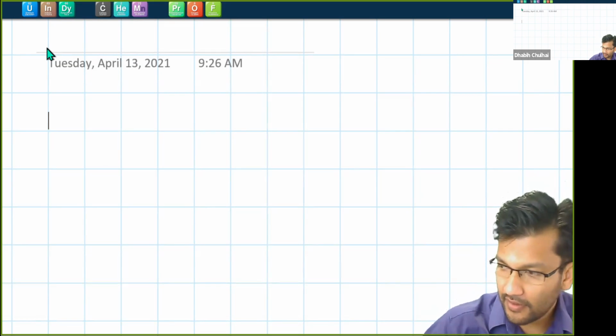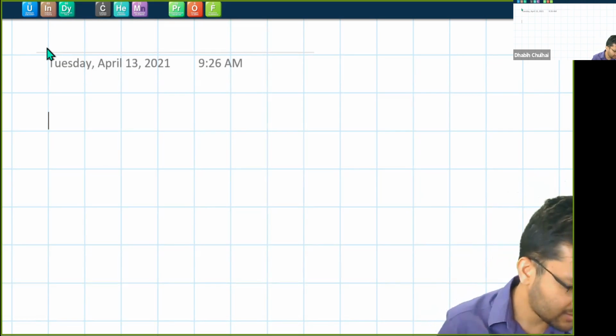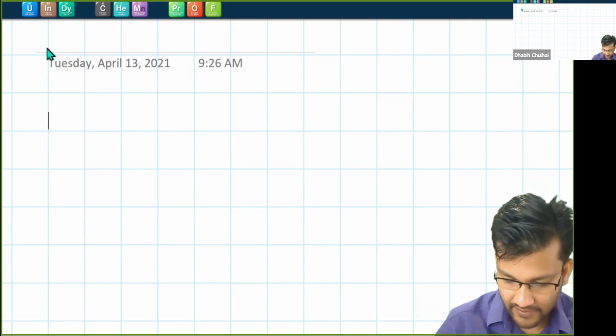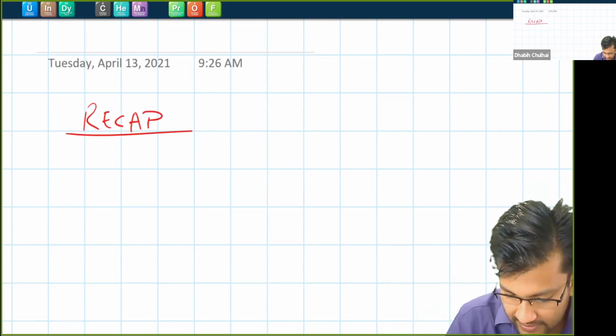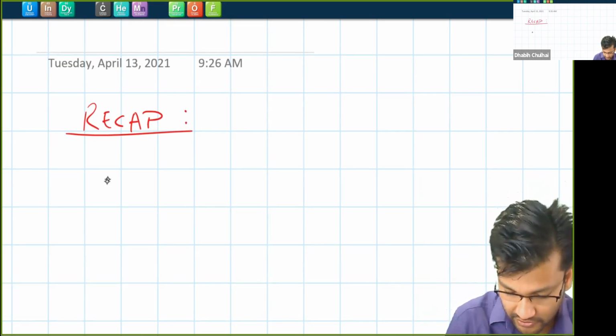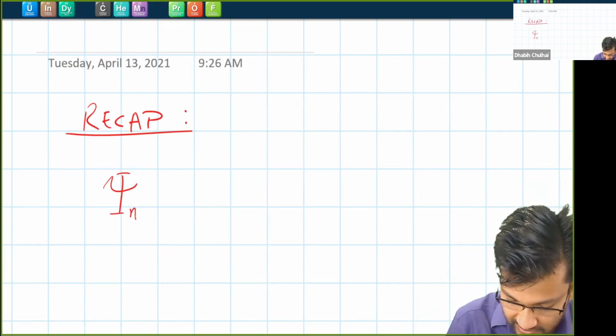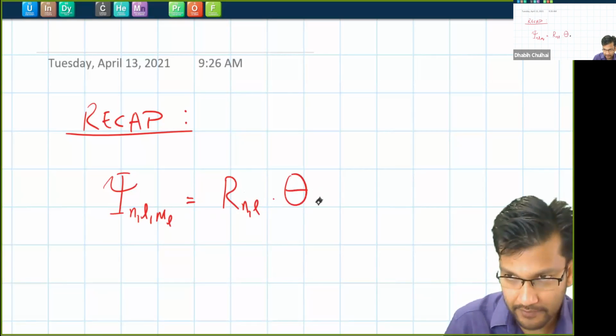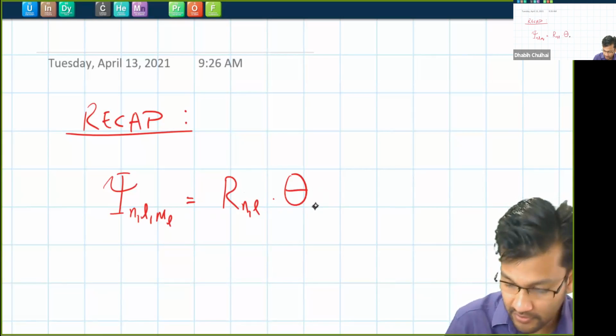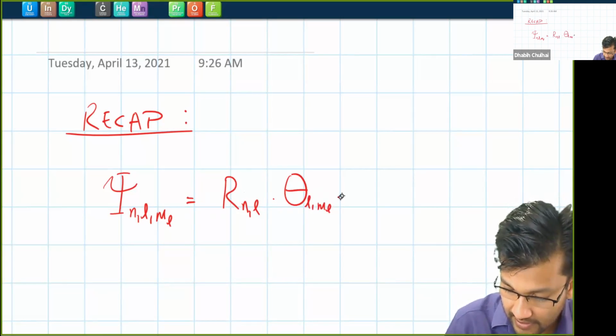All right, so just a little bit of a recap on what we did last time. We were talking about the hydrogen atom and the hydrogen atom wave function. And we said that the wave function depends on these 3 quantum numbers, n, l, and ml. And they can come from these various functions: the radial wave function, which depends on n and l, the theta function, associated Legendre polynomial that depends on l and ml, and then there's this phi part that depends on just ml.